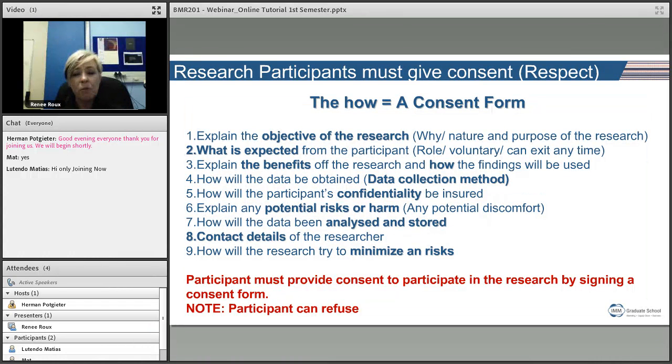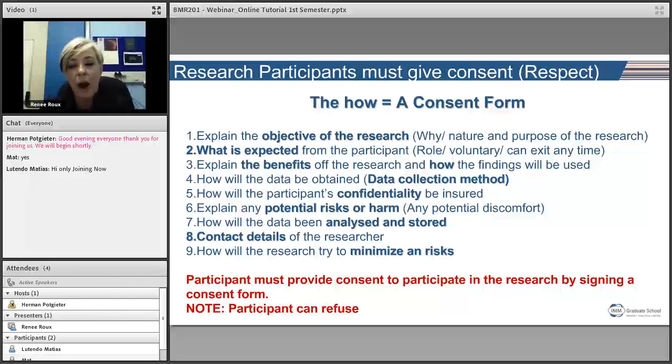Now, if someone participates in research, it is important that all these things are explained to them. But you, as a research manager, will not have direct contact with the participants. So how do you control this whole process? How do you make sure that the participants in the project do it out of their own free will, that they give consent?